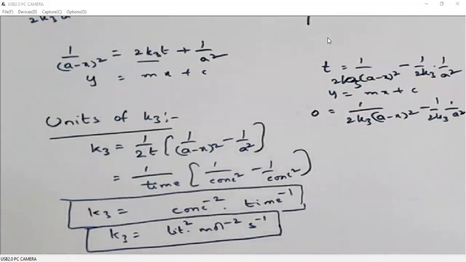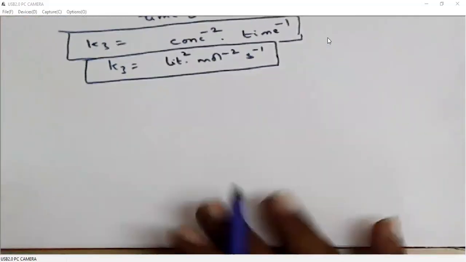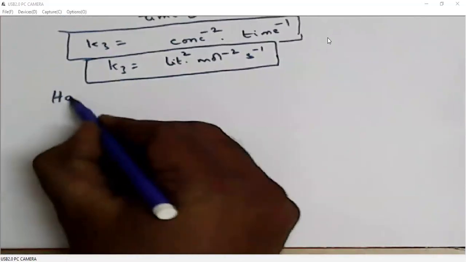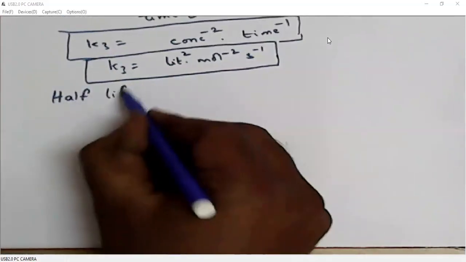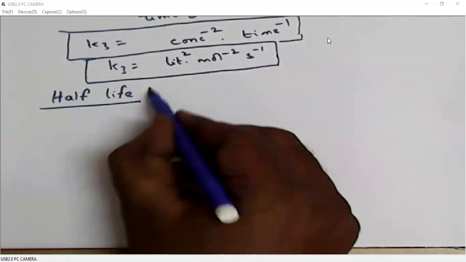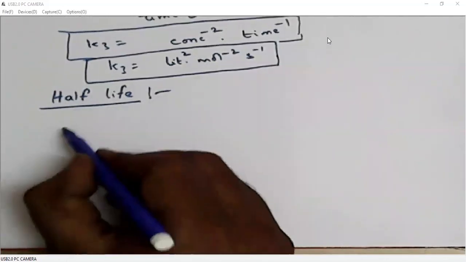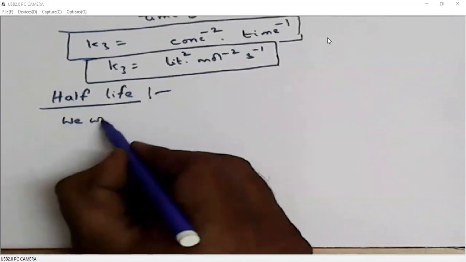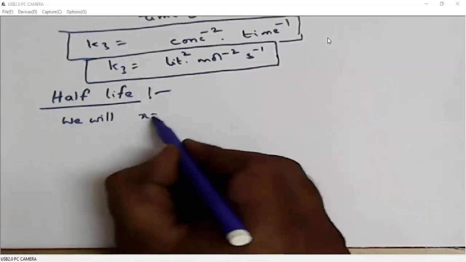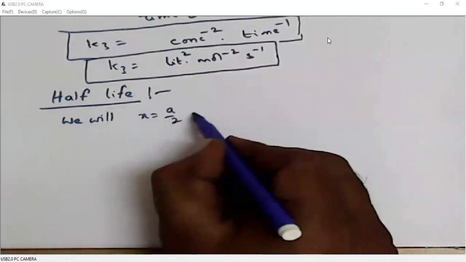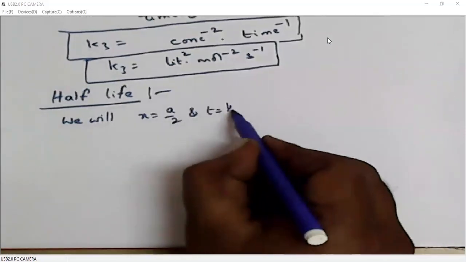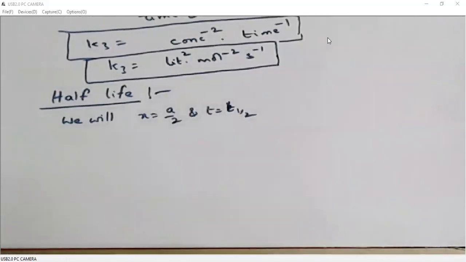Now we will derive the expression for half-life of a third order reaction. When we want to derive half-life, what we will do? We will substitute x as a by 2 and t as t half in the integrated rate expression.